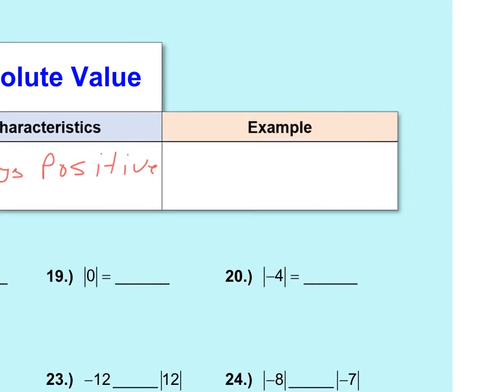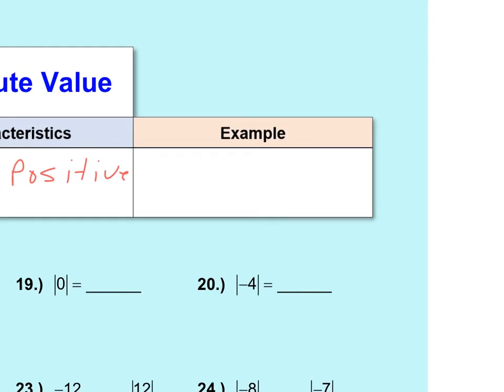An example of absolute value would be something like this. We have the number -3. There are these little bars that go around the outside. Those bars mean absolute value, and we want to say how far that is from 0, and -3 is 3 units from 0. Now I'm going to do a positive example.